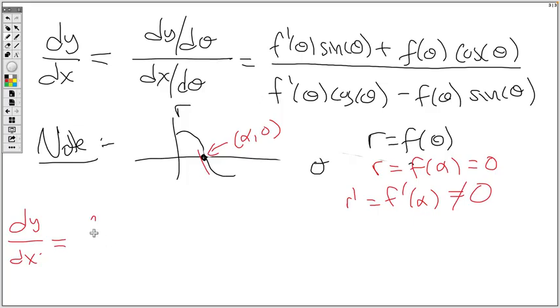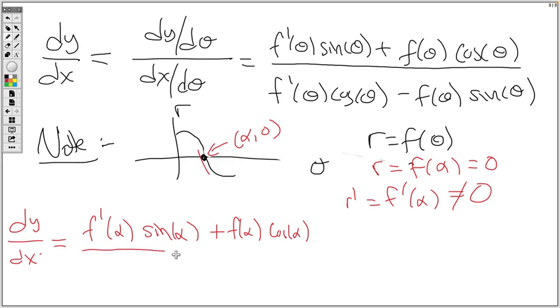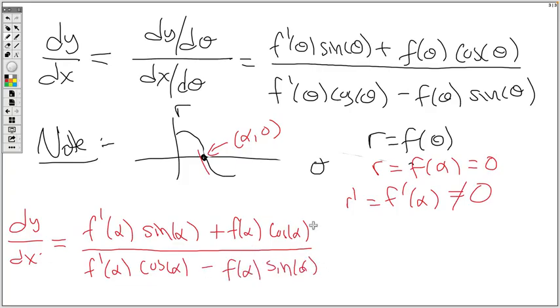It will be f prime of alpha sine of alpha plus f of alpha cosine alpha, divided by f prime of alpha cosine alpha minus f of alpha sine of alpha. And if I use my information I've got here, the r value is 0. That means we're at the pole.